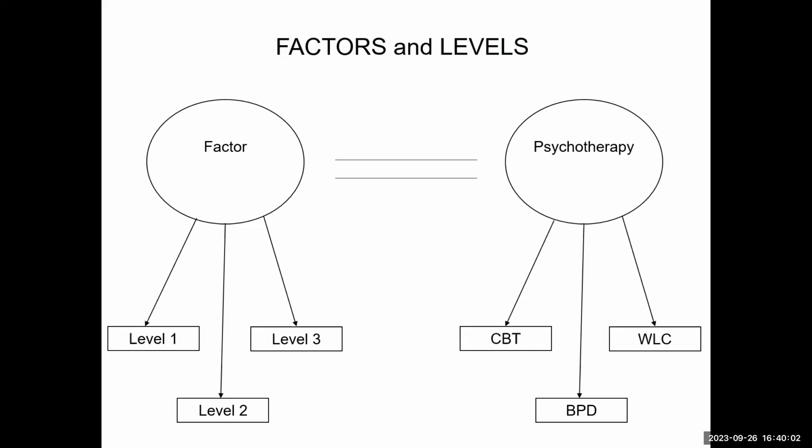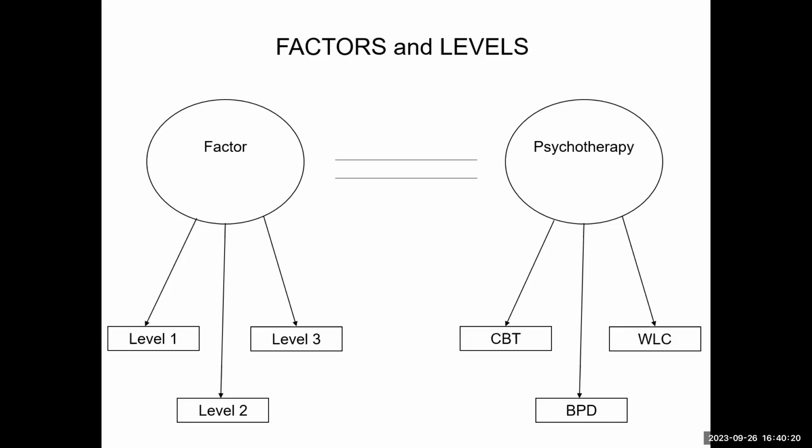On this slide, I give a schematic for factors and levels, and this is something that I notice students often confuse. So remember, we said that independent variables are also factors, so those terms are used interchangeably.